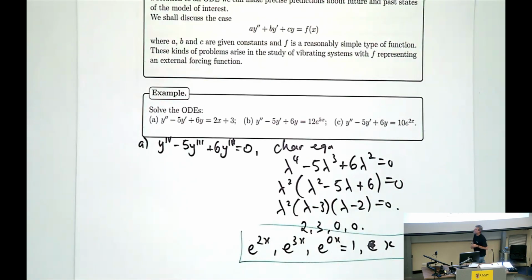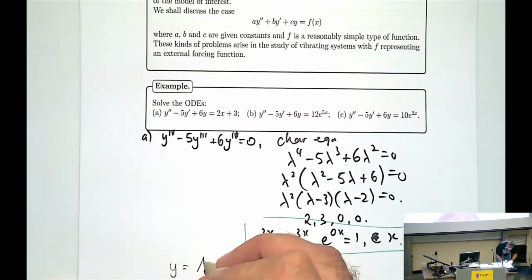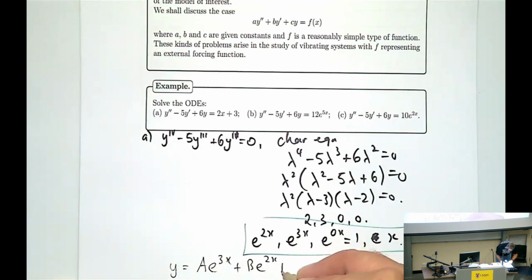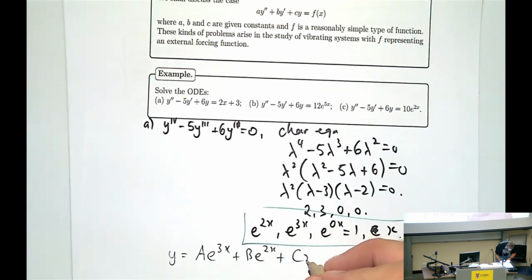So that's 4 solutions. A linear combination of 4 solutions. Let's do c times x and d times 1.